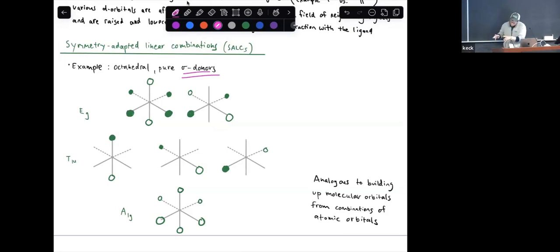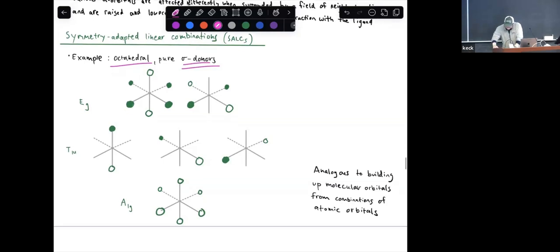We're going to look specifically at the case of an octahedral geometry. So we combine these pure sigma donors in different linear combinations. Then again, through group theory, we arrive at these 6 SALCs.